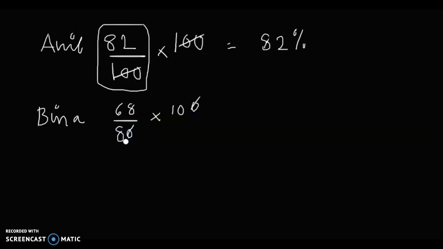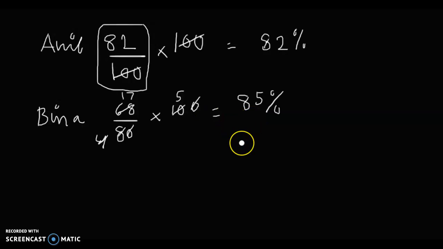The 0 and 0 cancel. 2 4s are, 2 5s are, and 4 1s are, and 4 7s are. So 17 into 5 is 85%. Oh, Beena has done better.